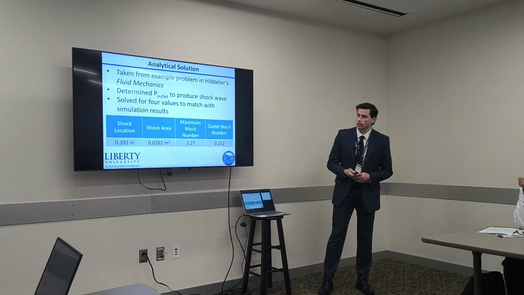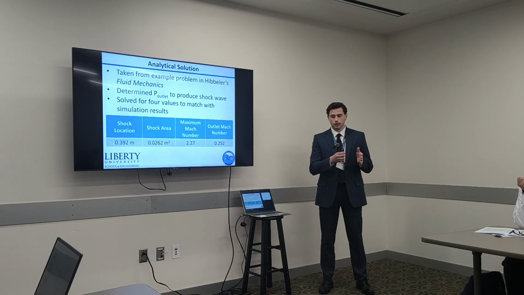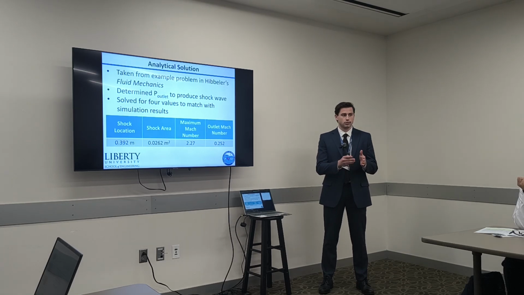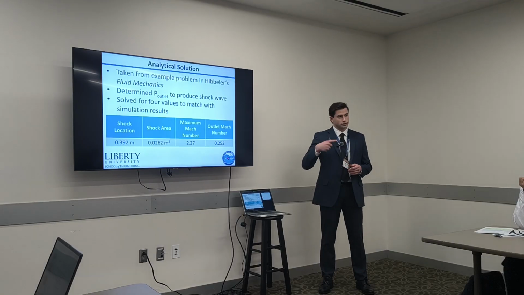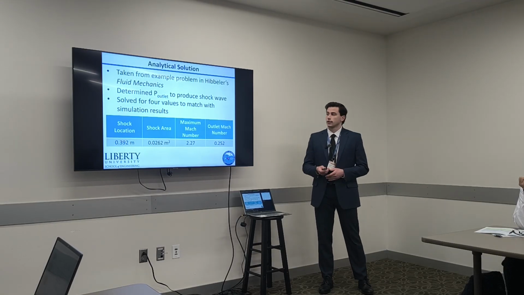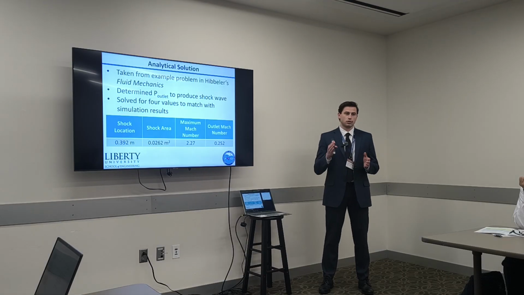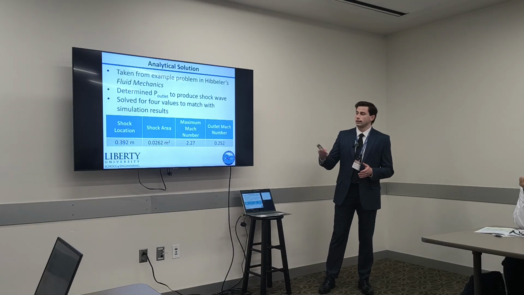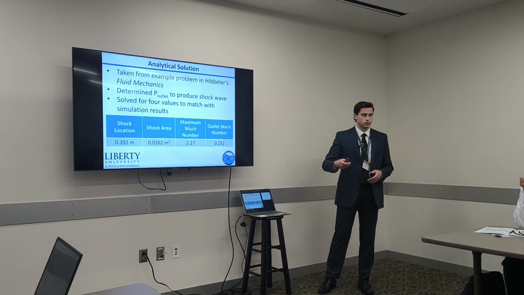Those are shown here. Shock location is an axial location from the inlet, so that's 0.392 meters from the inlet. The shock area is the cross-sectional area at that location. The maximum Mach number occurs immediately prior to the shock wave, and the outlet Mach number, of course, occurs at the outlet.